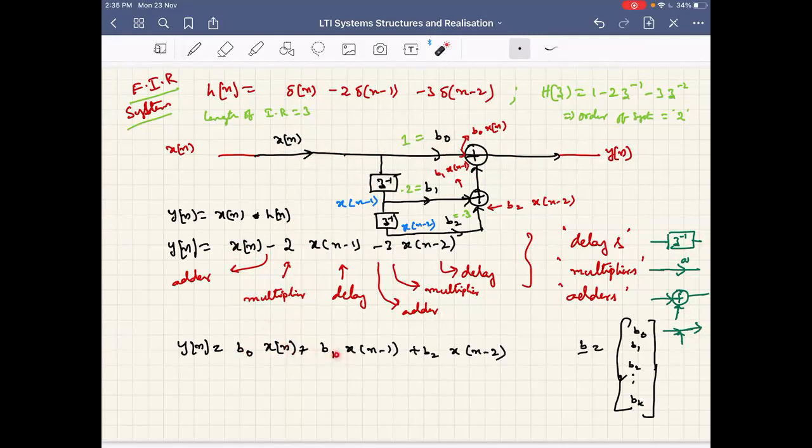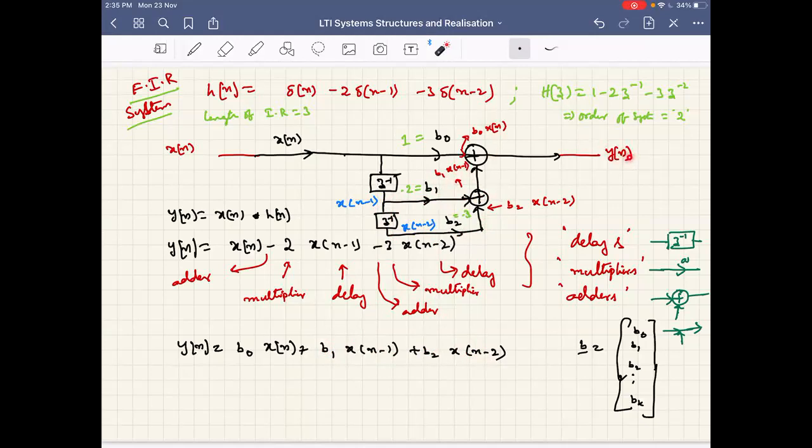Then there should be a delayed version of x of n, obtained through a delay. We have x of n minus 1 here. It should be multiplied with b1, which is minus 2 here. Then there should be another delayed version of x of n, which is x of n minus 2, and then a multiplier b2. All these three terms put together give y of n.